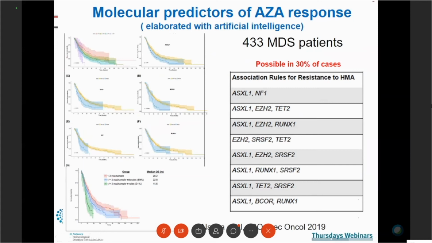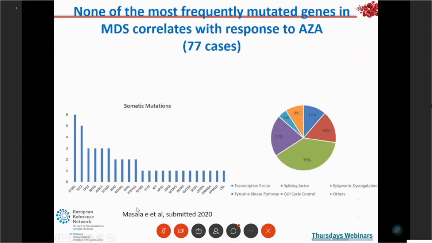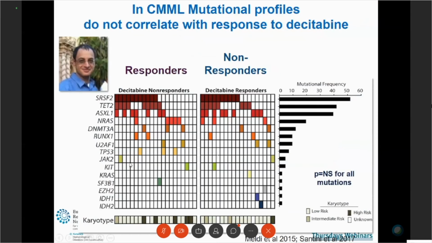No single mutation was able to predict for azacitidine response, but the association rule allowed to identify 30% of cases who were not responsive to MDS. In our lab, we could not, in fact, detect or confirm any single mutation that could confer higher or lower response to azacitidine, as well as what we had for CMML treated with decitabine.